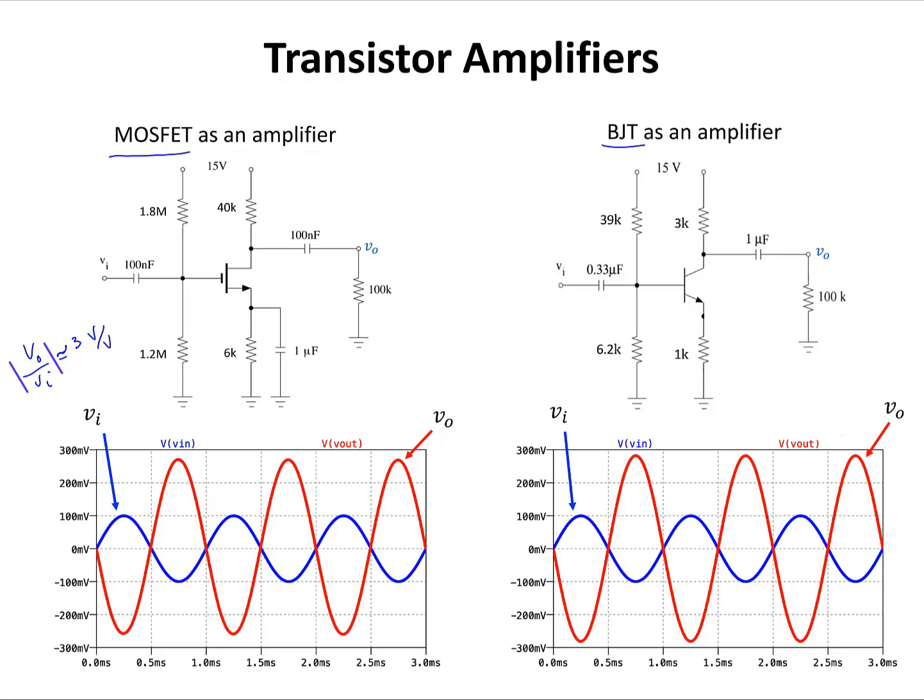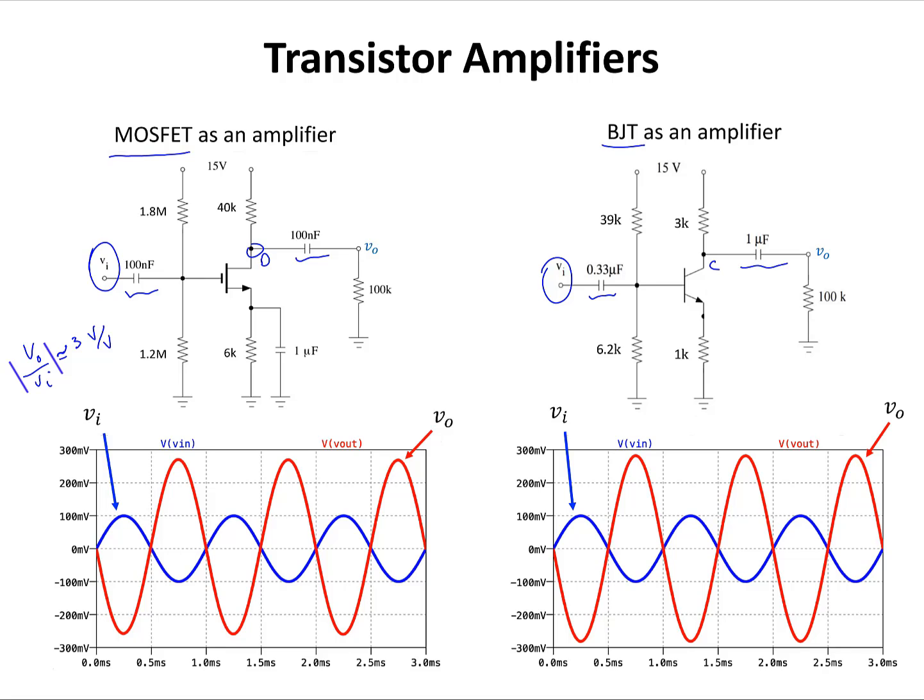In the MOSFET amplifier, the input signal is applied to the gate using this capacitor, and in the BJT, the input signal is applied to the base using this capacitor. The output in the MOSFET amplifier is taken from the drain using this capacitor, and the output of the BJT amplifier is taken from the collector through this capacitor.